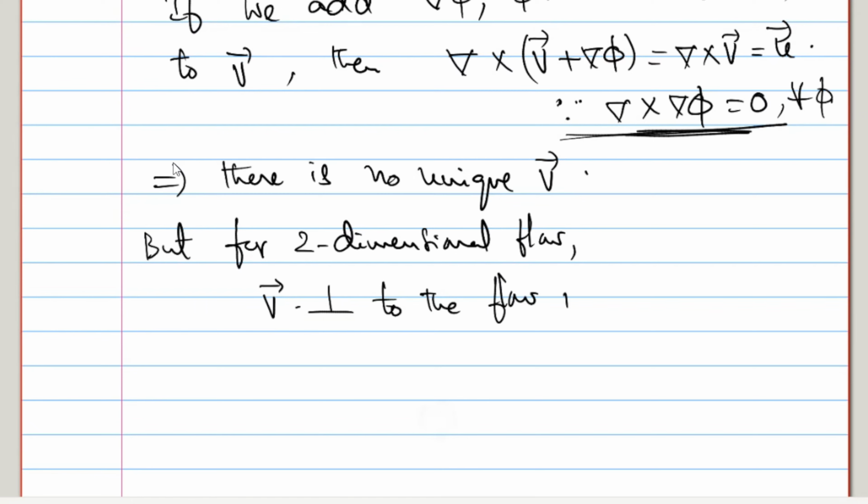Flow in the XY plane, perpendicular to the flow plane. That means V bar is equal to some function only in the Z direction. So let us say the flow is in the XY plane, then you can write this vector field V bar like this.